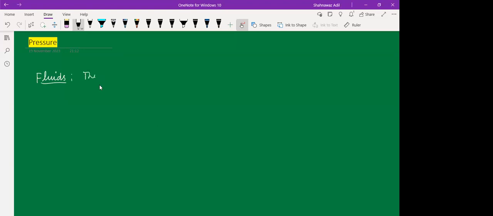They don't have a definite shape and size.